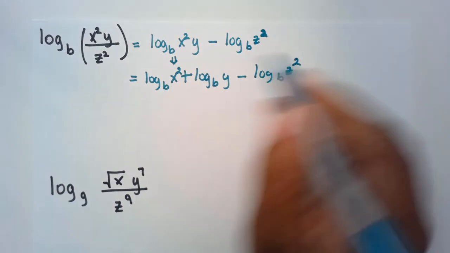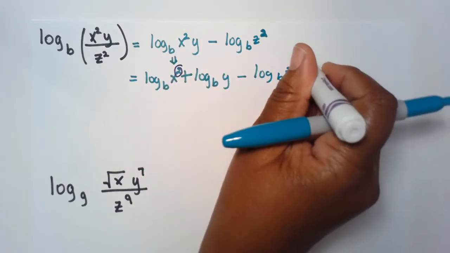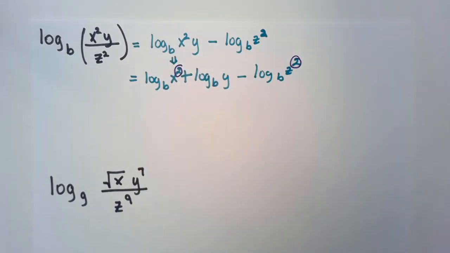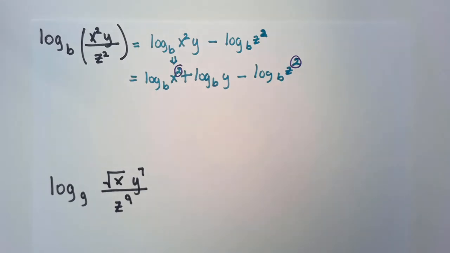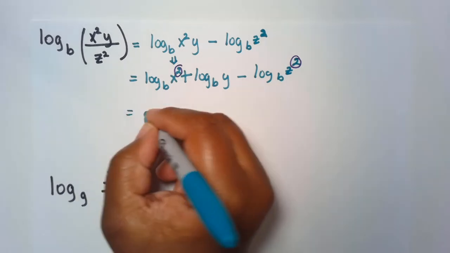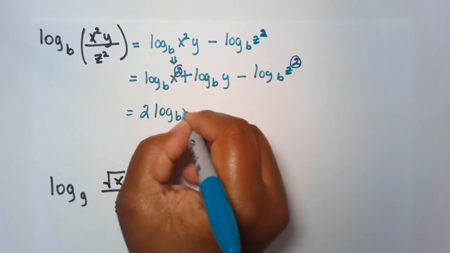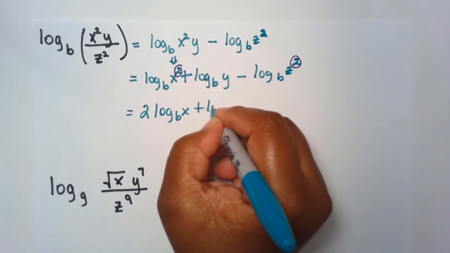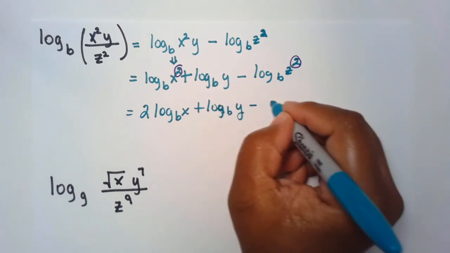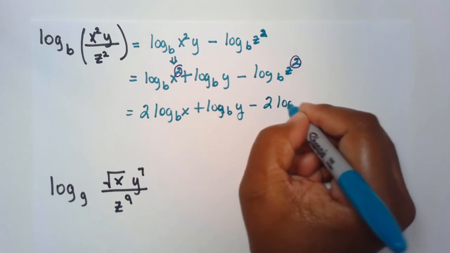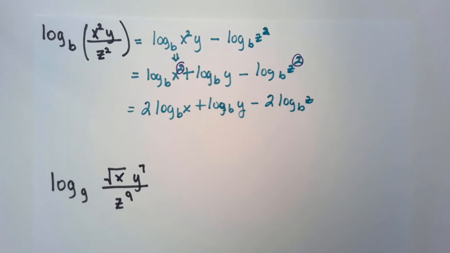And then lastly, for our exponent of 2, for the base x and z, we're going to use the power rule. So we have here 2 times log base b of x plus log base b of y minus 2 times log base b of z. And there we go.